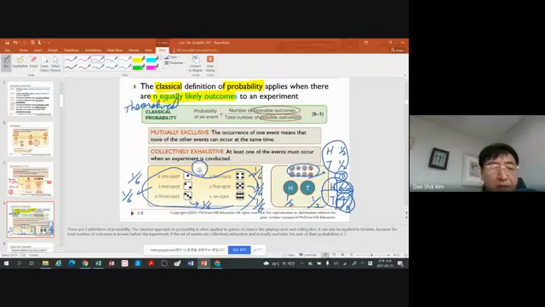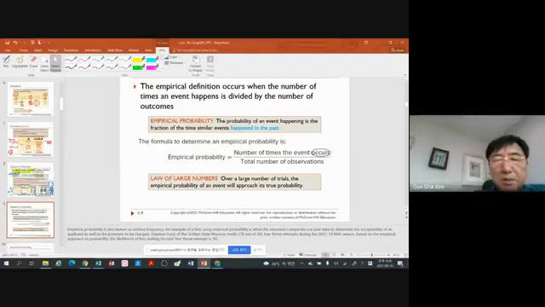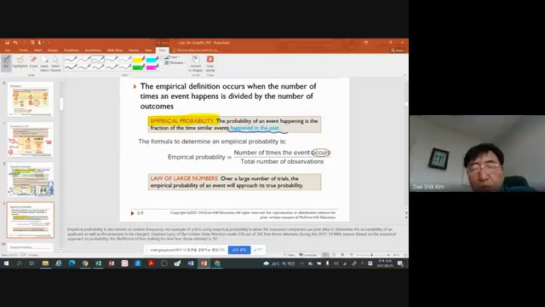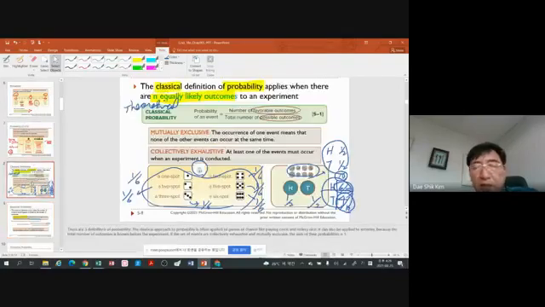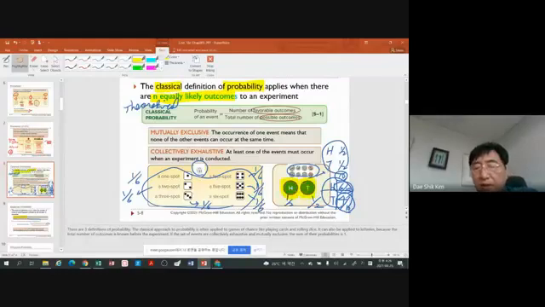When you get probability based on your own experience, it's called empirical probability. It really happened to you. But even though I do not toss a coin, I already know head will appear half and half. Theoretically, head and tail have exactly the same likelihood of appearing on the surface.